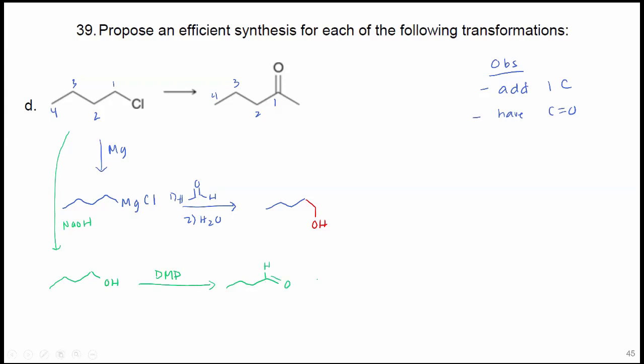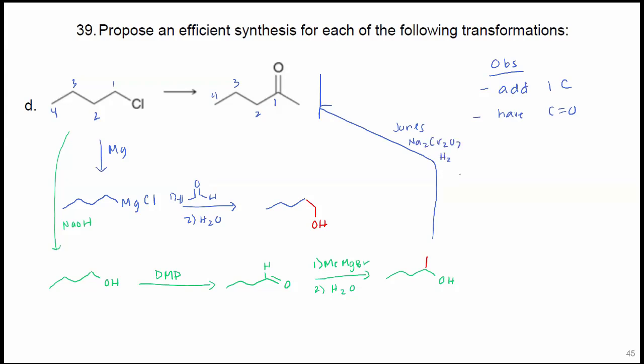So I have the aldehyde, and then I want to add methyl magnesium bromide and water. So that will add that second carbon there, and then I can continue on with the oxidation, and I can use any oxidizing agent here. I can use the Jones.